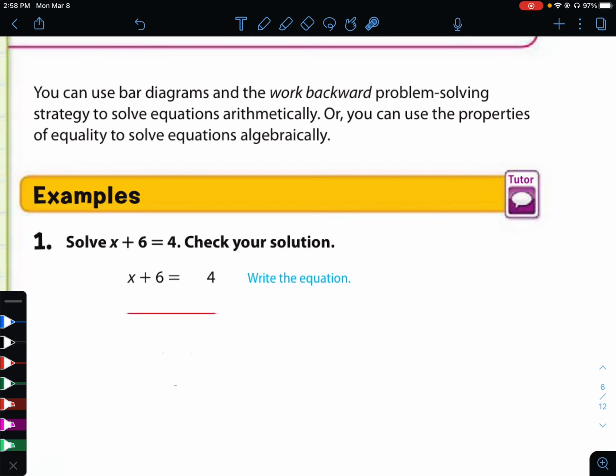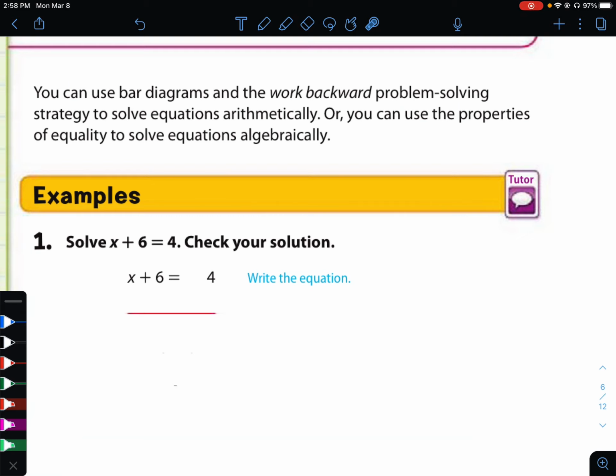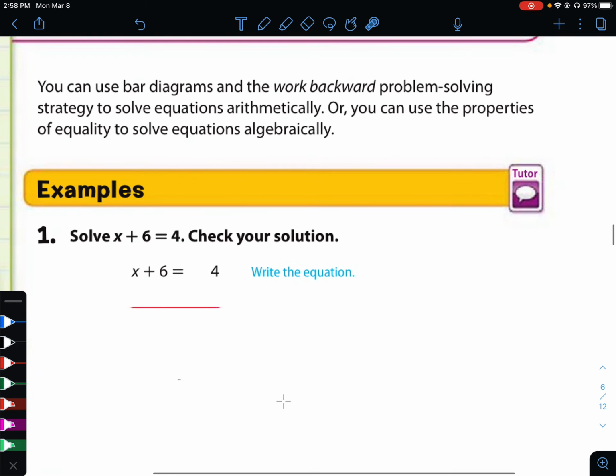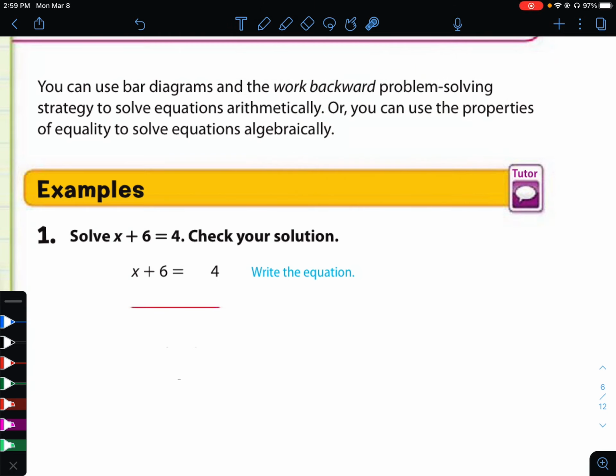For us to isolate x, we need to undo the 6, to undo addition right here, we need to use subtraction. So to undo addition, we use subtraction, the inverse operation of addition, and we are dealing with an equation. Whatever we do on the left side, we need to do on the right side.